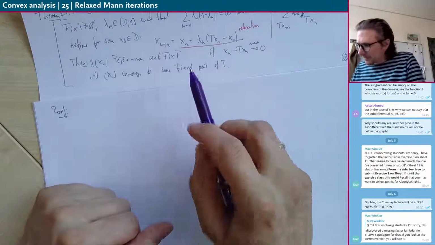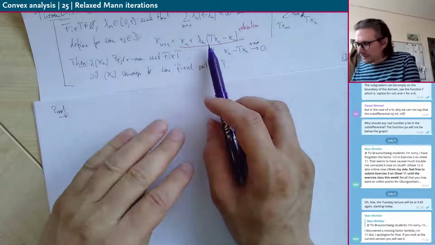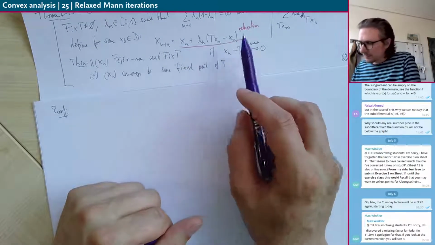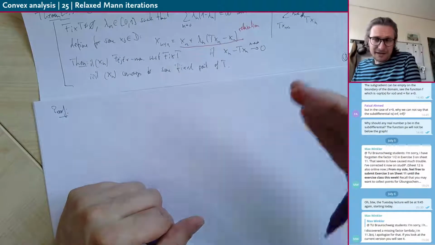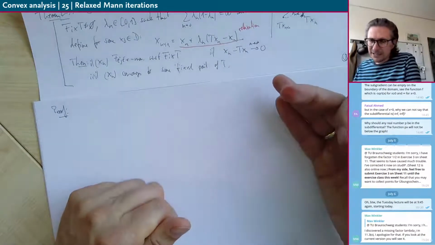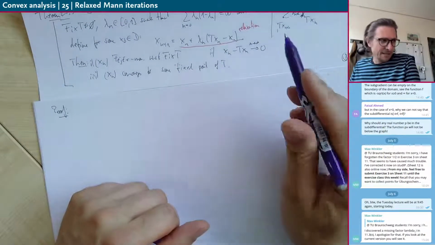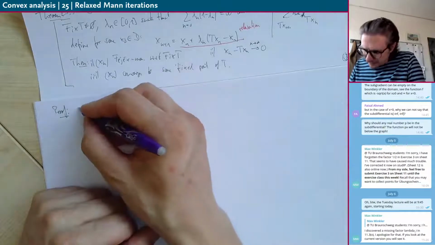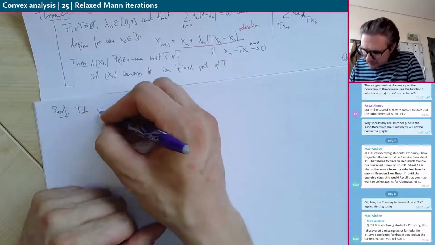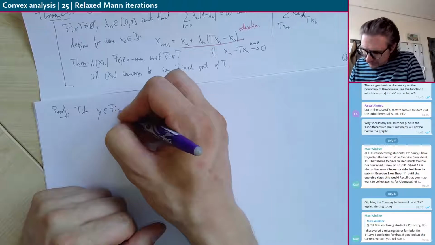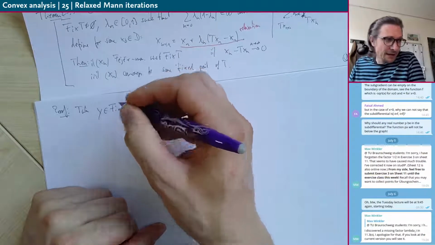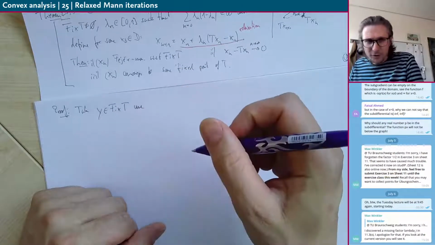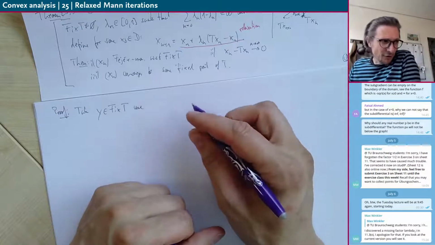Okay, so first, we already needed convexity to have the iteration well defined, right? We need that this convex combination stays inside the domain of T, but the domain of T is D, which is convex, so everything is fine. Okay, and now we take some fixed point, y, a fixed point of T. And we use the following equality, which looks wrong, but it's not actually.